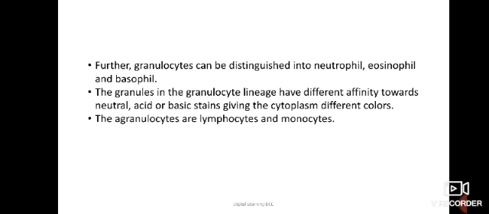The granules in the granulocyte lineage have different affinity towards neutral, acid and basic stains, giving the cytoplasm different colors like blue, purple, and pink. The agranulocytes are the lymphocytes and monocytes.